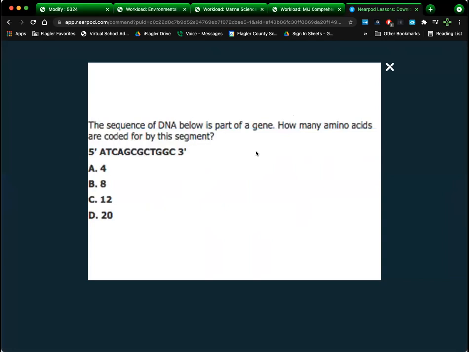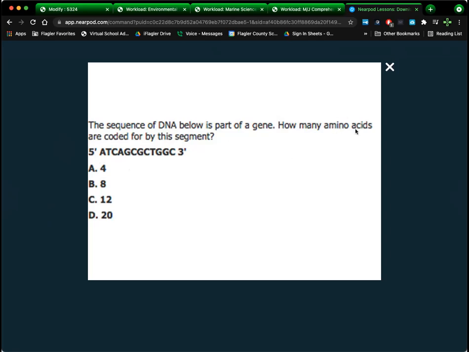All right, so we'll do this question together. Again, if you want to pause it, see if you can do it yourself. Otherwise, I'm just going to go ahead and tell you how to get the answer real quick. How many amino acids are coded in this segment? Don't worry too much about the 5 and the 3. They just kind of mark the beginning and the end of this segment of DNA. So don't get too caught up on that.